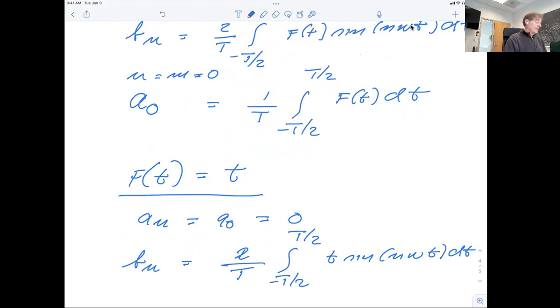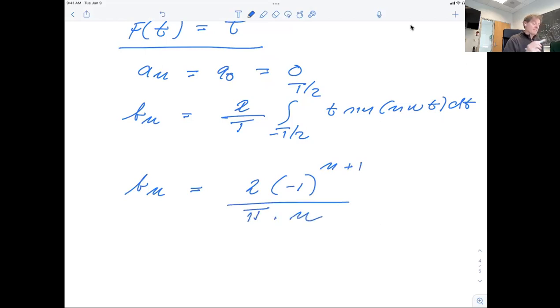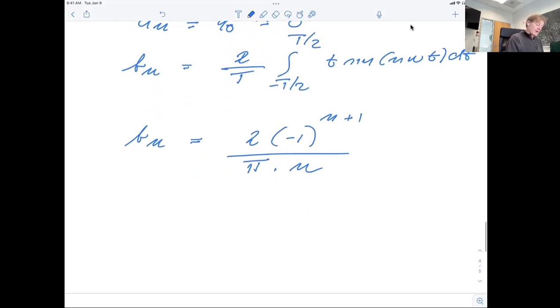And what we are going to find then is the following. When I perform the integral, b of n is going to be given by 2 times minus 1 to the power of n plus 1, divided by pi times n. So it means now that I can expand this function t in terms of a Fourier expansion.